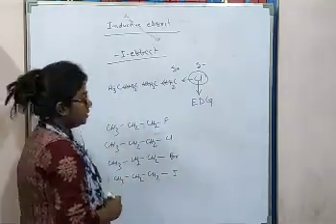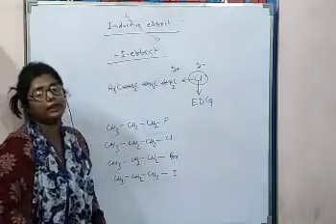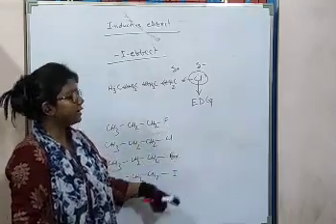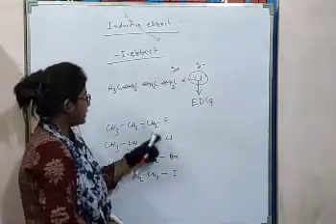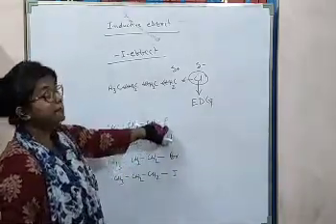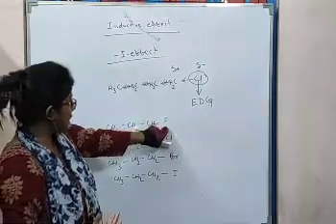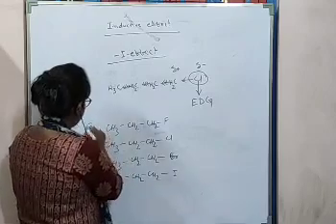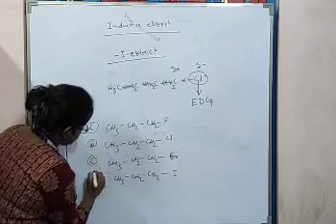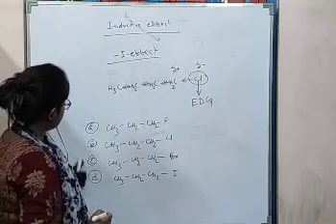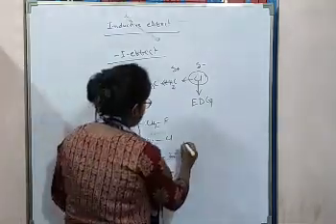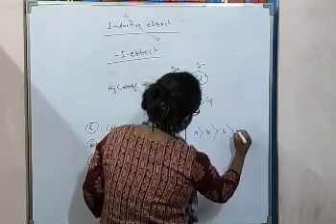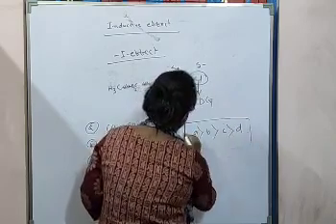In the periodic table, these are all group 17 elements. They are halogen elements. From above to below, the electronegativity decreases. That means fluorine shows more minus I effect than chlorine, than bromine, than iodine. So if they are A, B, C, D, the electronegativity or minus I effect order is A greater than B, C greater than D.